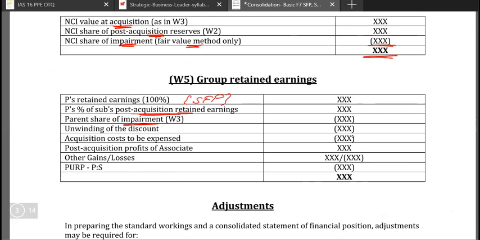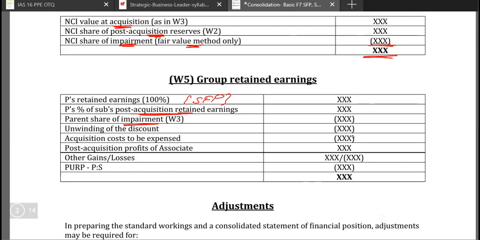Then if you remember, unwinding of discount, which was an expense. Remember one thing over here: all the expenses which are related to the parent will be deducted from working 5. All the income which is related to the parent will be added in the working number 5. All the gains which belong to the parent will be added in the working number 5. All the losses which belong to the parent will be deducted from working number 5.